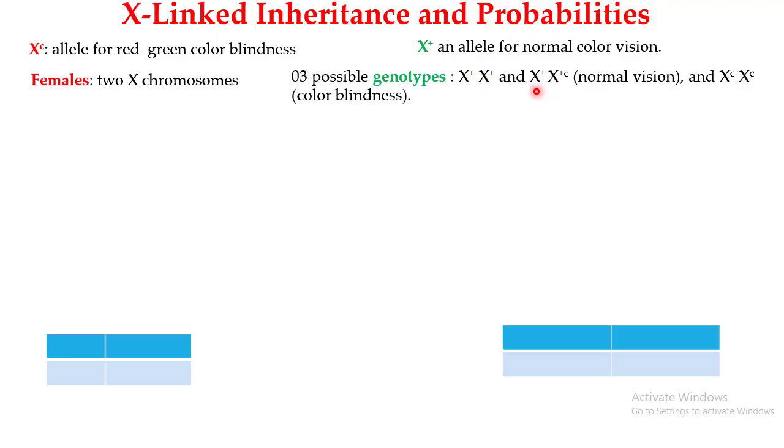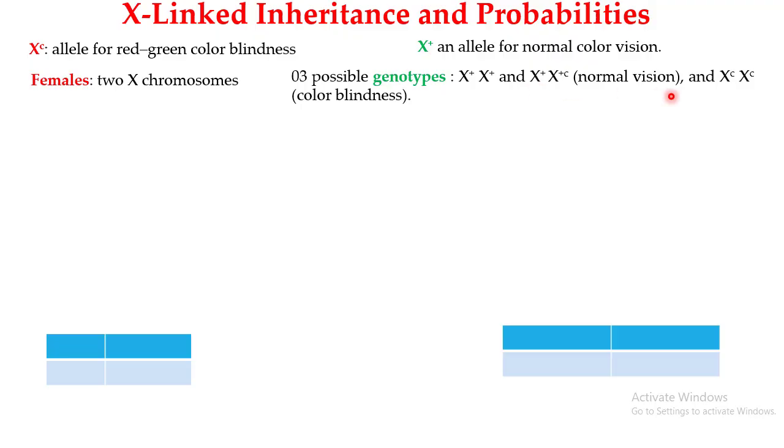They could be heterozygous, by which I mean that one X chromosome carries the normal allele and the other X chromosome carries the diseased allele. In both of these cases, the female has normal vision, and in the heterozygous condition, we usually call the female a carrier of that particular disease.